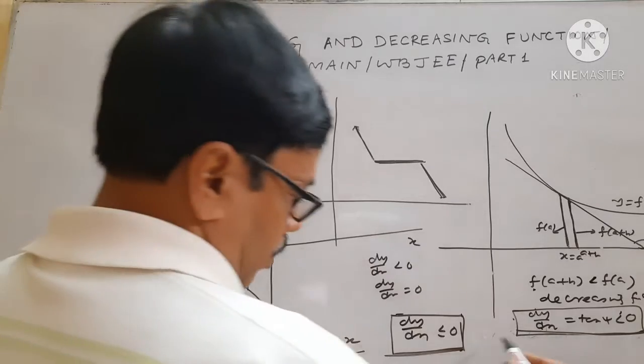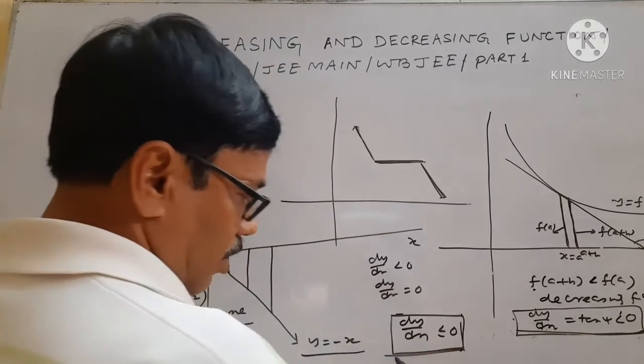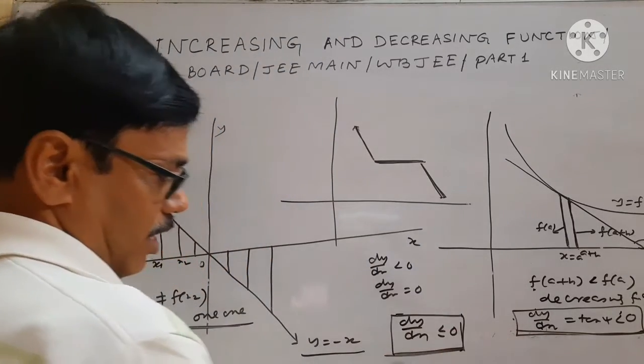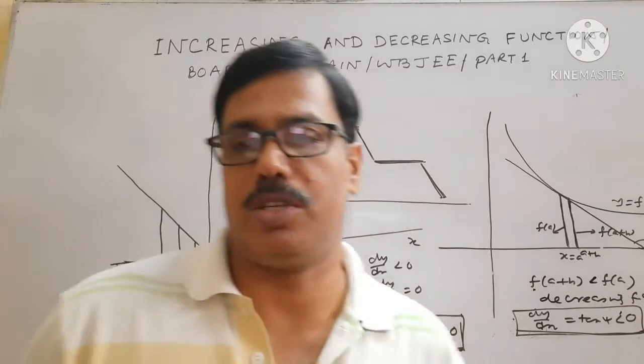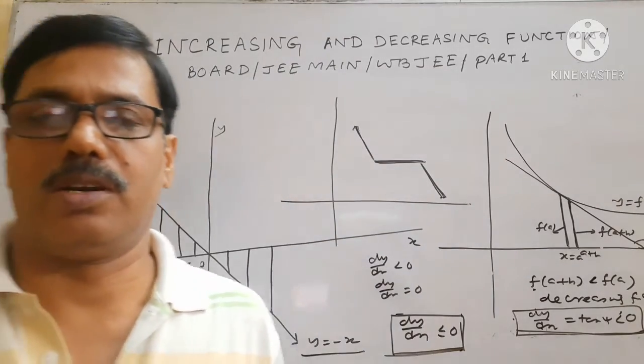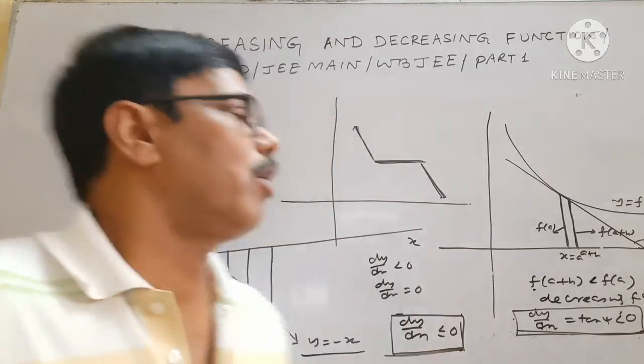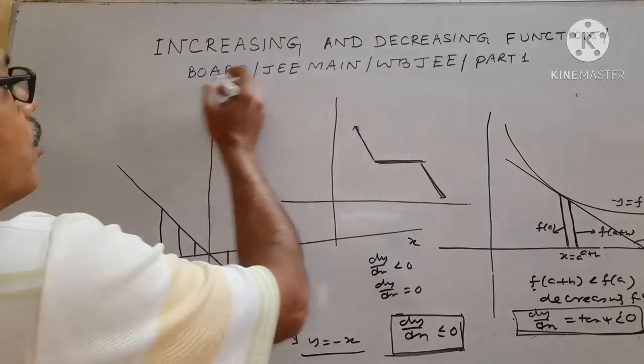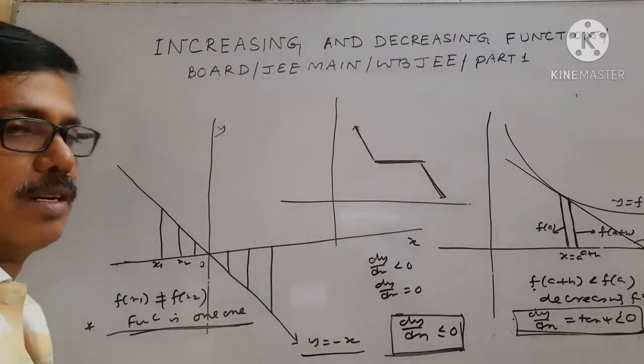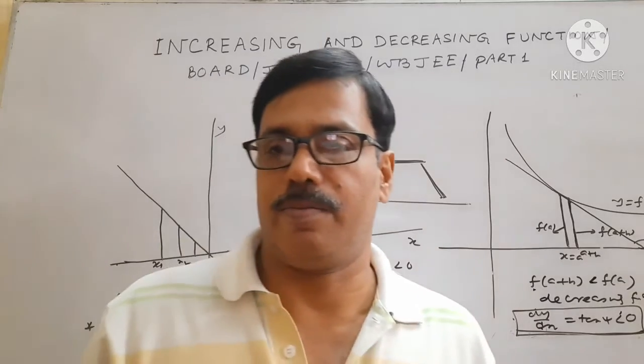Now for an increasing function, dy/dx greater than or equal to 0, and for a decreasing function, dy/dx less than or equal to 0. So this is our working tool for these topics, increasing and decreasing functions.